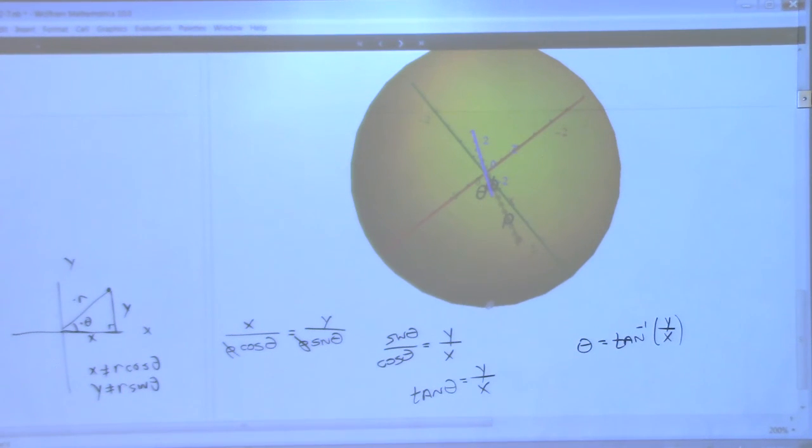If you want to go to Cartesian, you replace all your x's with that, all your y's with that, and all your z's with that. So it would be different if you want to go backwards.